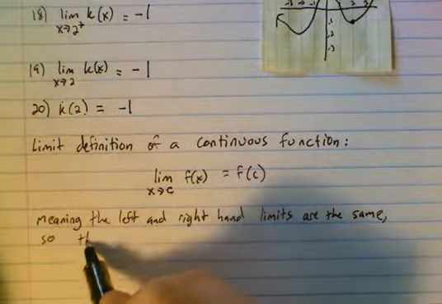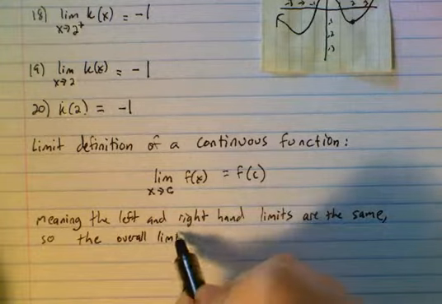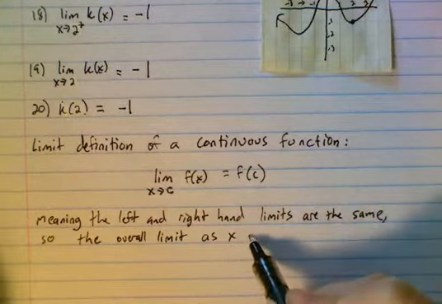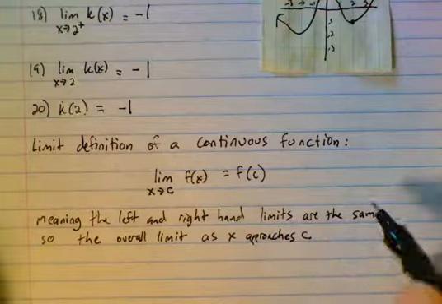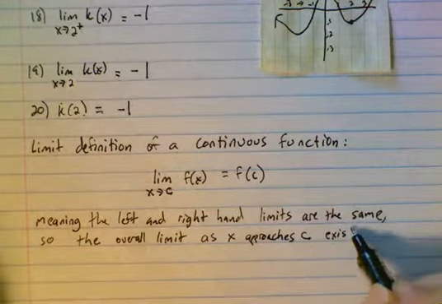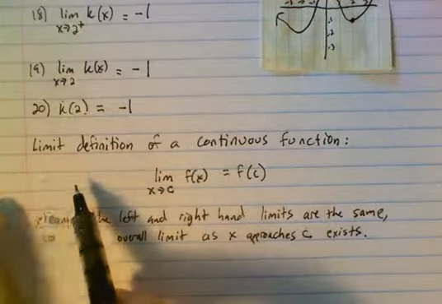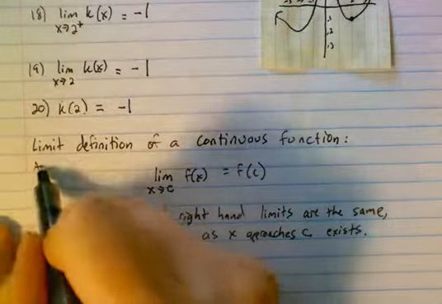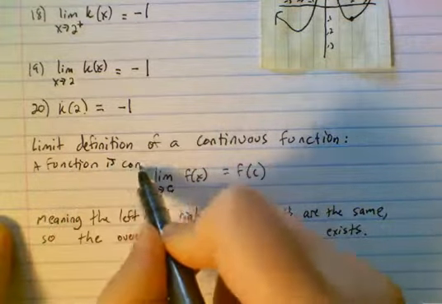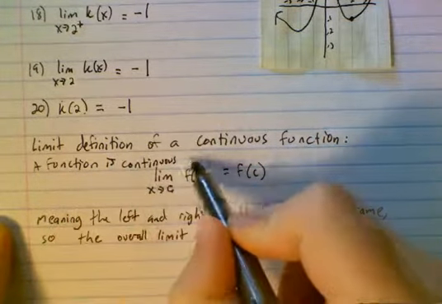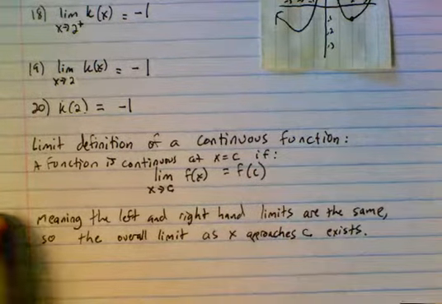So that the overall limit as x approaches c exists. I really should add in up here, a function is continuous at x equals c if the following is true.